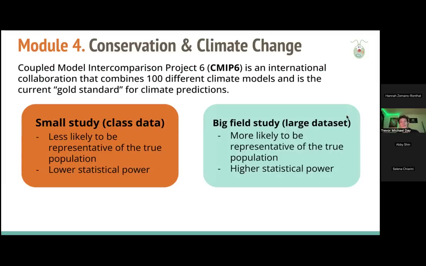Now, one of the big takeaways from this module that perhaps you observed in your session, perhaps you did not, but generally speaking, when you conduct a small study with class data, there can be some variability associated with that. And because of the small sample size, this data is actually less likely to be representative of the true difference that exists, or rather the state of the population.